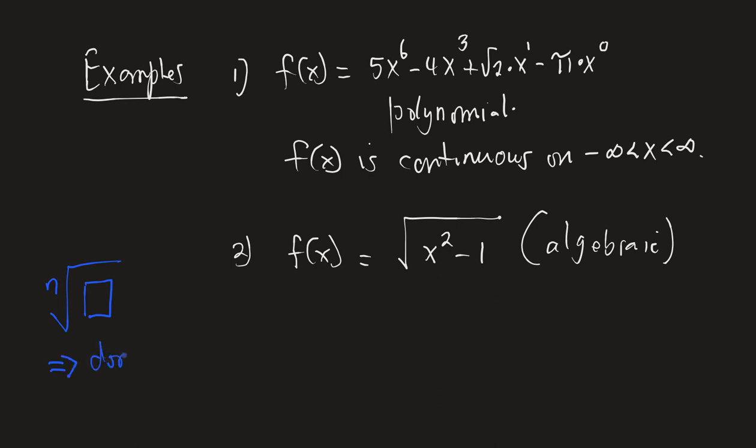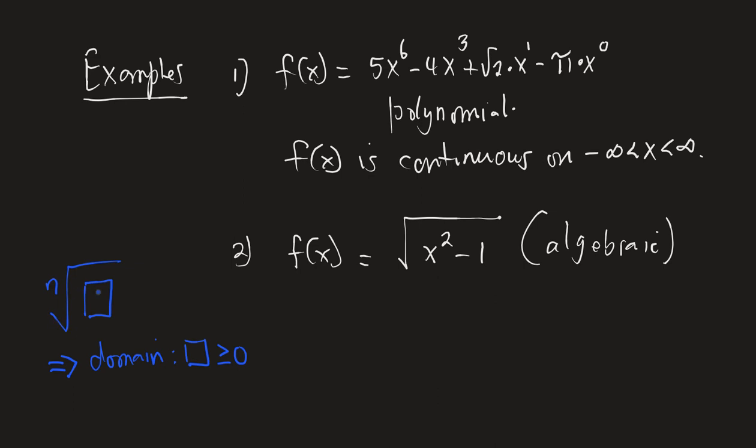So the domain consists of all values of your variable such that that thing, that blue box, which I'm just using as a placeholder, has to be greater than or equal to 0. The reason I like to use the placeholder is that I don't just want to say x or some other thing. It's whatever is under the root, right? As long as there's no other operation, like division or something else that could possibly cause the function to be undefined.